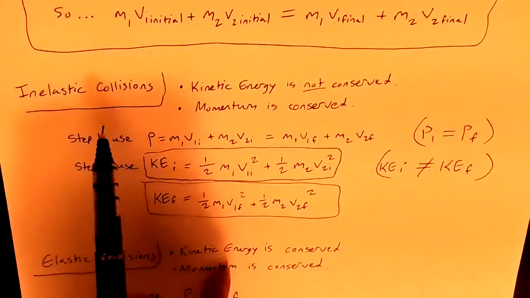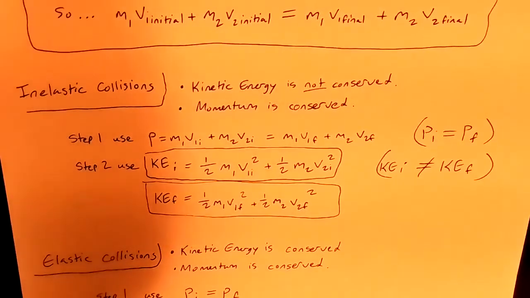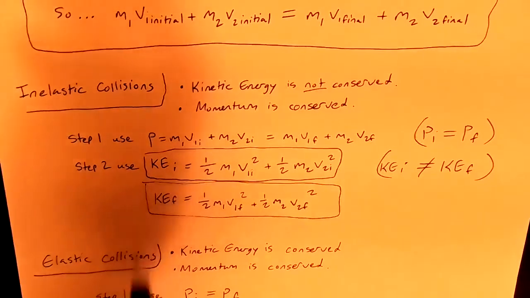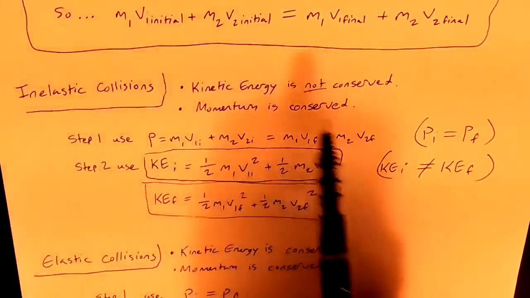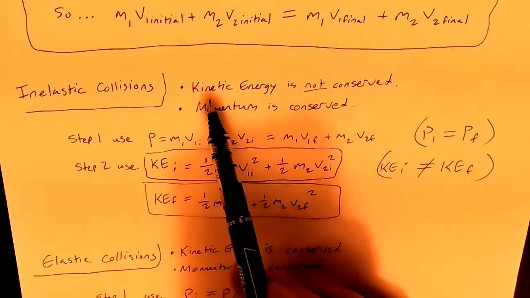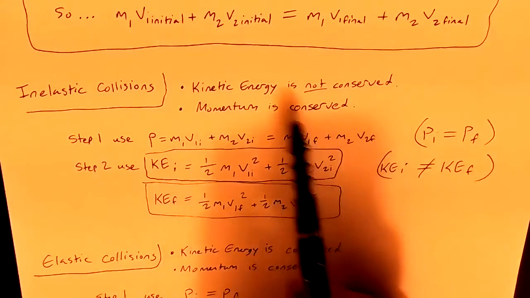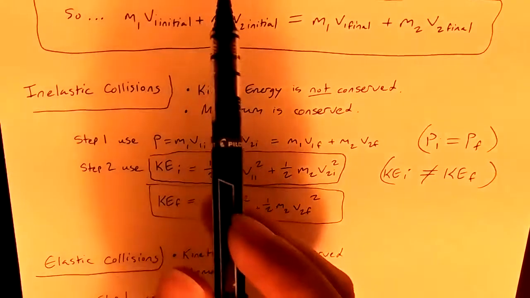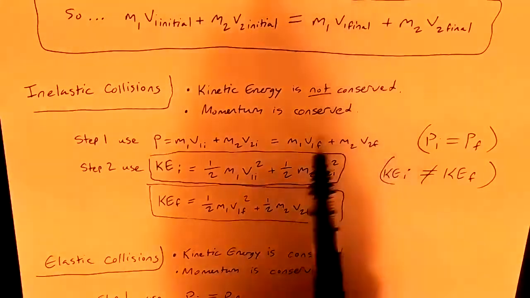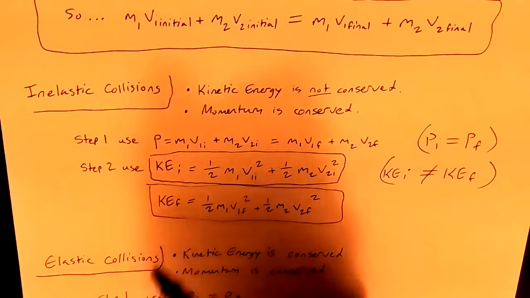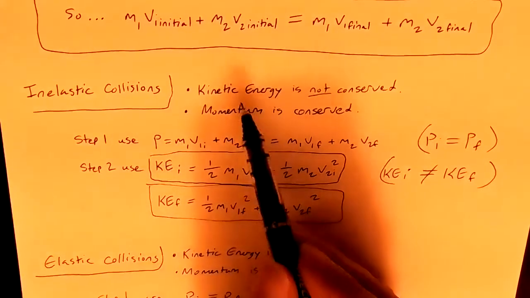In inelastic collisions, they are able to change shape after they collide. Momentum is conserved, right? From the law of the conservation of momentum. Momentum is always conserved, whether it's elastic or inelastic.